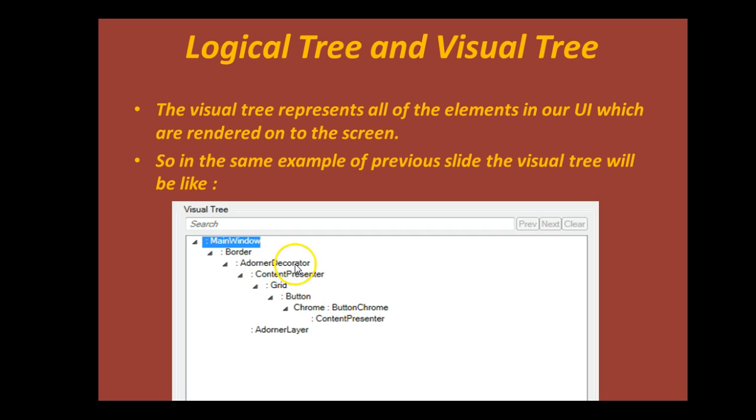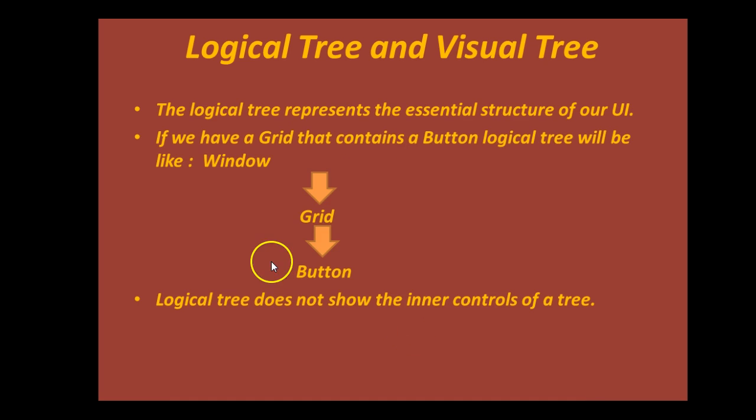So all these controls are not visible to your naked eyes. You need some special tools to visualize this tree. But this is the actual tree that is present behind the scenes. So this is called visual tree, and which is not the actual tree, that is called logical tree. So this window, grid, and button is just a logical situation, so it is called logical tree.